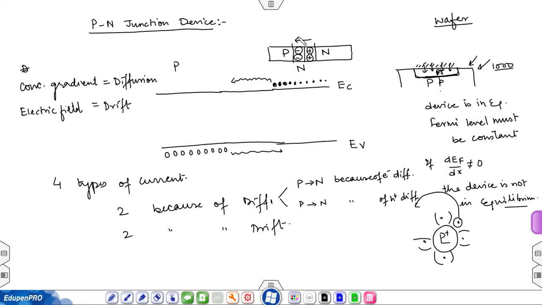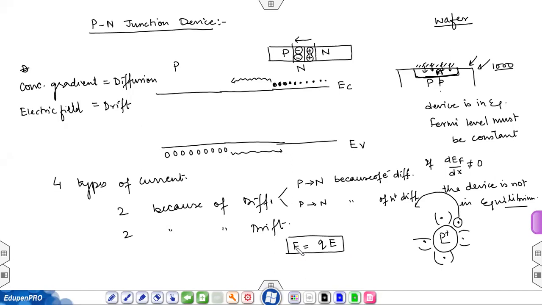So N to P. Now, electric field always creates a force on positive and negative charges. And the equation is F is equal to QE. So if the charge is positive, the force direction is similar to E. If the charge is negative, the force direction will be opposite to E direction.